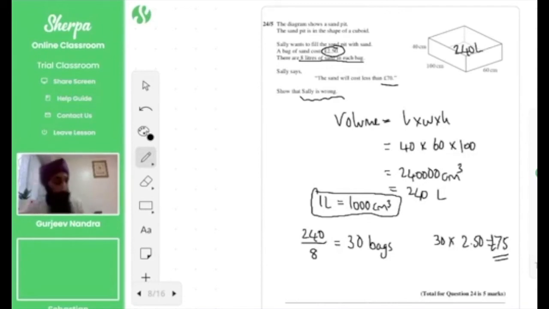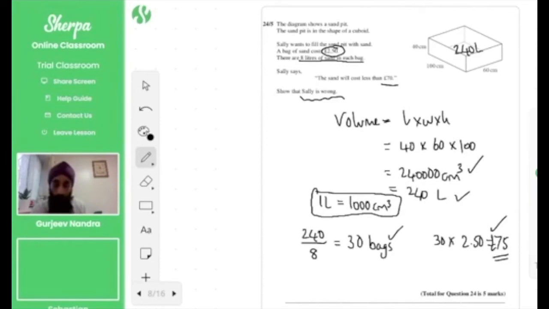The marks here, let's have a look where the marks would come from. So you've got 1 mark for getting a correct volume, a 2nd mark for a conversion, a 3rd mark for the number of bags, a 4th mark for a correct answer that you can compare to, and then we need that fifth mark.